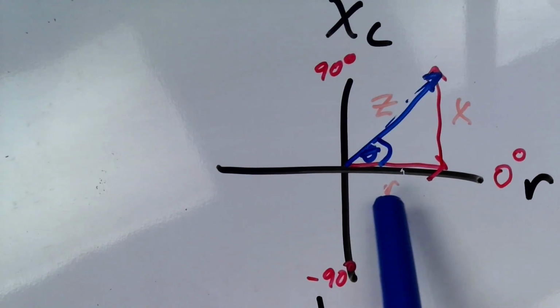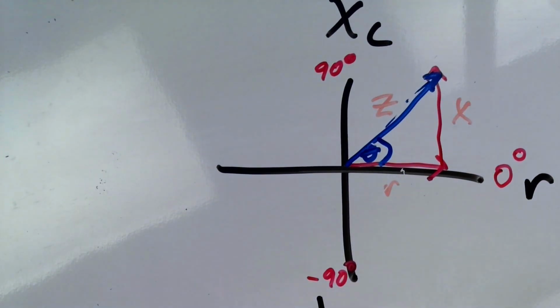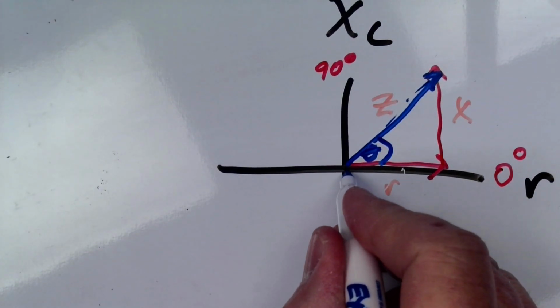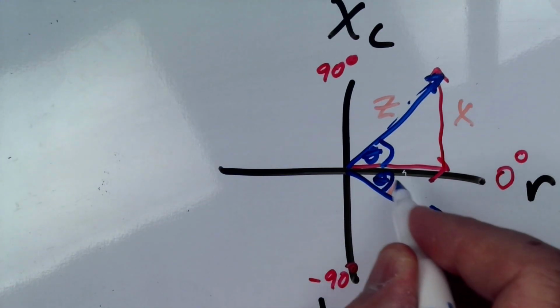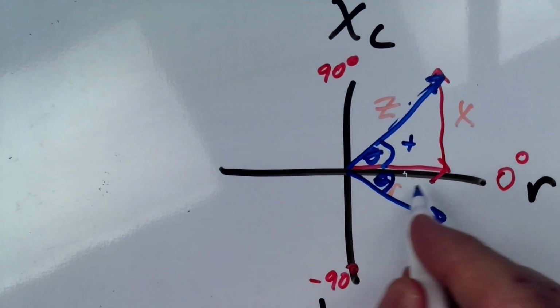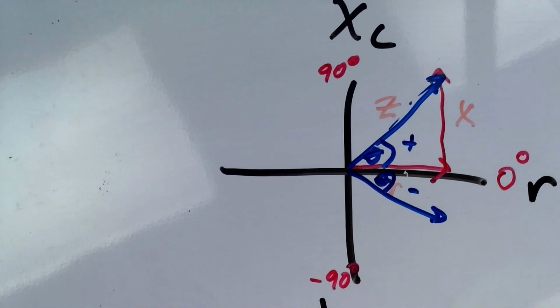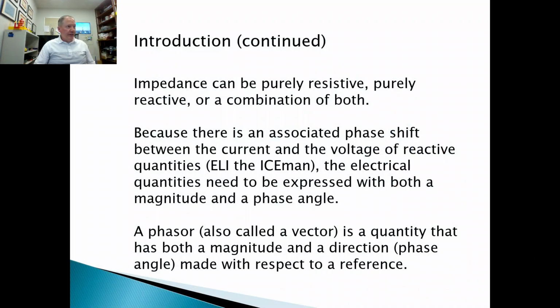Now it can be negative, right? If I had a phasor here in the bottom part, this angle would be a negative angle. This is positive, this is negative. Okay? But it's still going to have the same concept. It has a magnitude and a direction. And that's sometimes referred to as a vector as well.